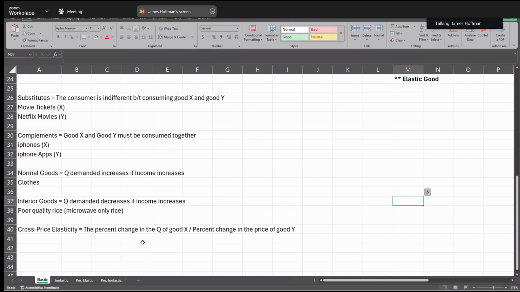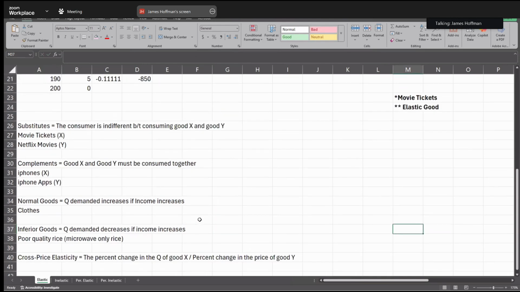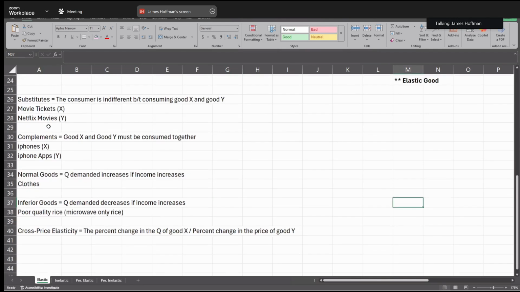The percent change in the quantity of good X divided by the percent change in the price of good Y. And so with this definition, we'd be able to classify it as a substitute or complement, right?